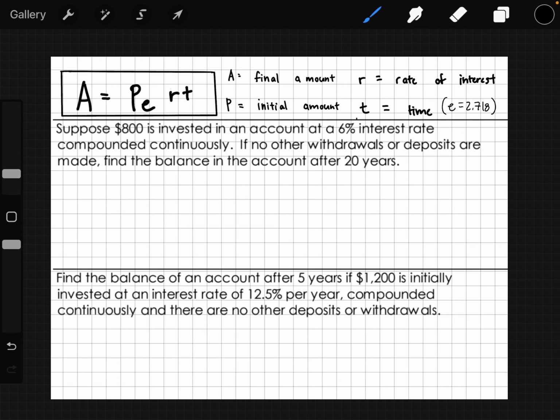Now, suppose $800 is invested in an account at a 6% interest rate compounded continuously. If no other withdrawals or deposits are made, find the balance in the account after 20 years. So A, our final amount, is going to be equal to P, the initial amount, which is $800, times e raised to the rate, which is 6%, 0.06, times the time, which is 20 years.